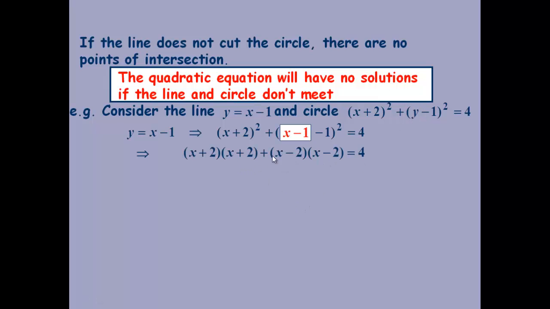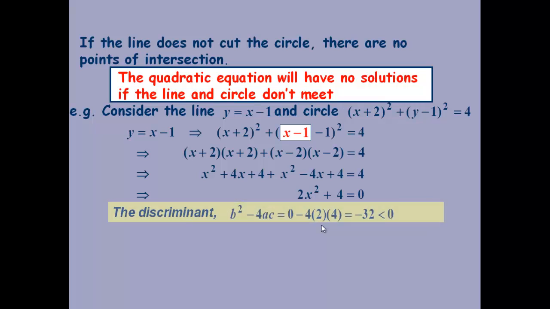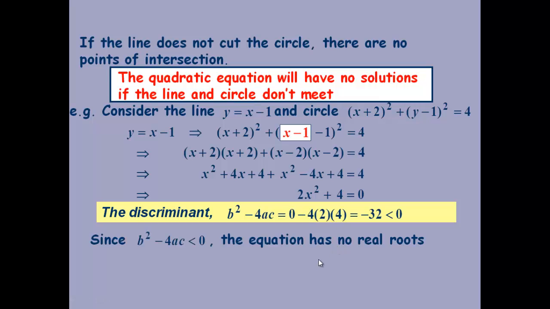This time we get this. Tidy it up. We end up with this quadratic here. And the discriminant is minus 32. It's less than 0, which tells us that there's no points of intersection. So this line will miss the circle. It won't intersect or even touch the circle.